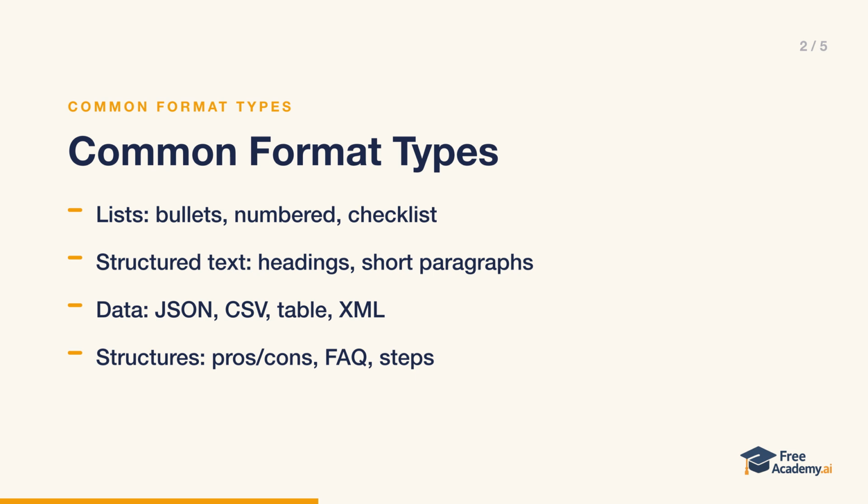You can ask for JSON, CSV, a markdown table, or XML. And fourth, specific structures, like a pros and cons table, an FAQ style with question and answer pairs, or step-by-step instructions. The trick is simply to name the format you want directly in the prompt, usually with a short line that starts with the word format.